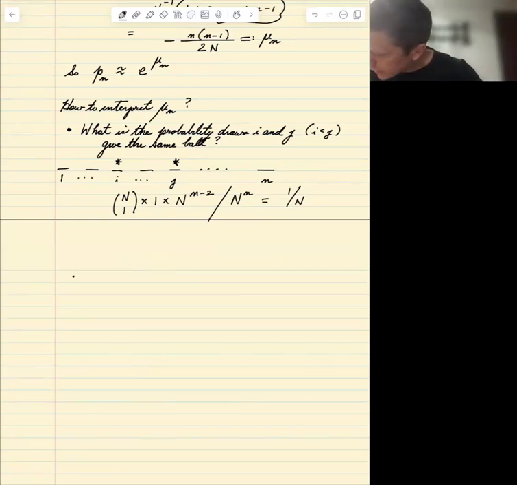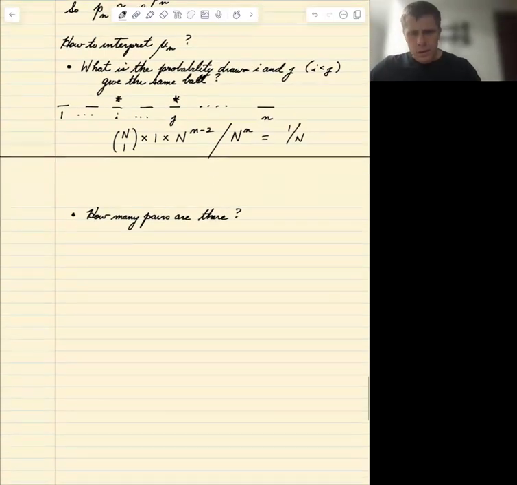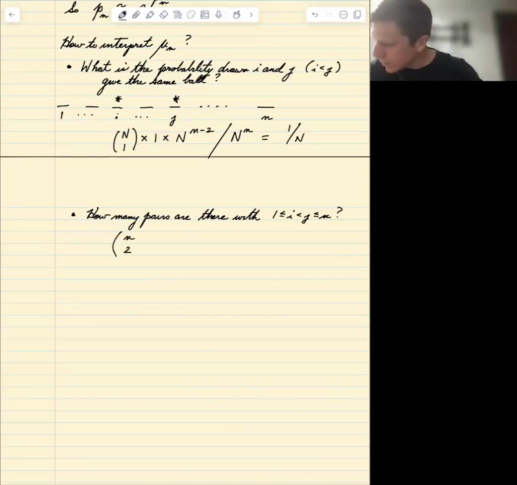Okay, then the next question is how many pairs are there? We're assuming i is less than j. There's little n choose 2, which is n times n minus 1 divided by 2.